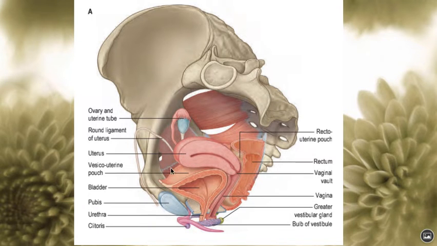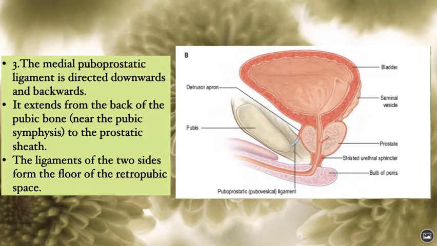This is the tendinous part of the levator ani. The medial puboprostatic ligament is directed downwards and backwards. It is extending from the back of the pubic bone near the pubic symphysis to the prostatic sheath over here. The ligaments of the two sides form the floor of the retropubic space over here.